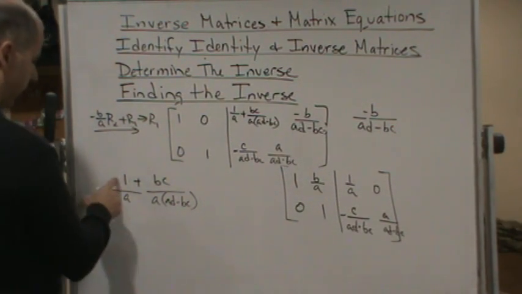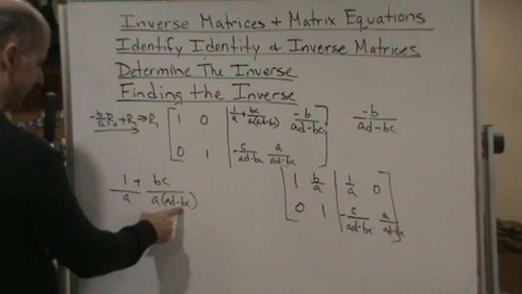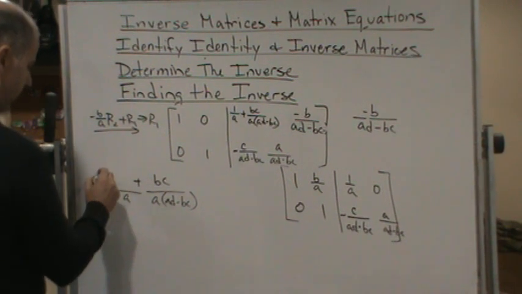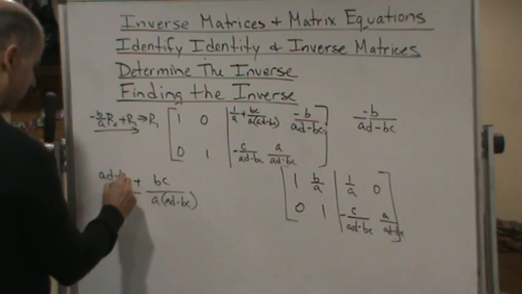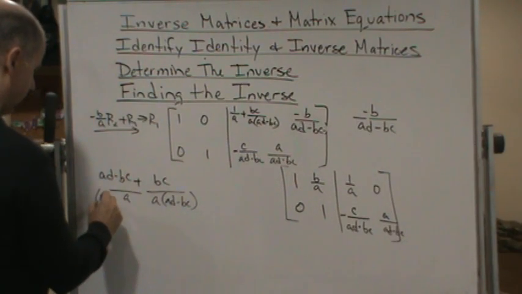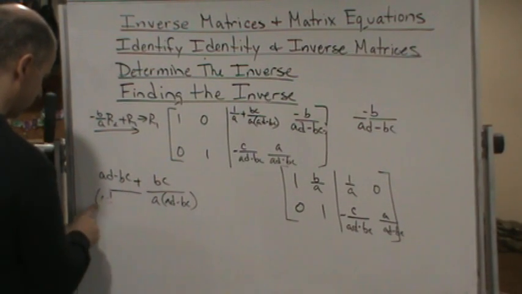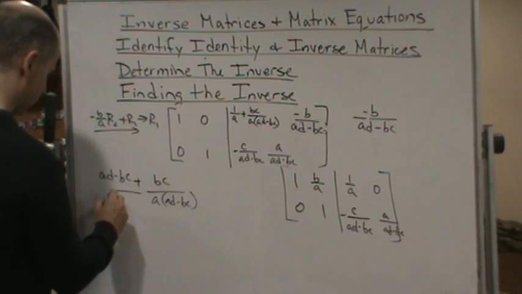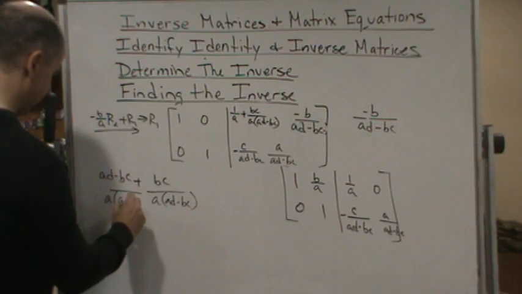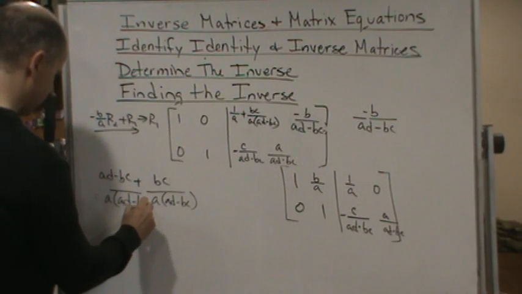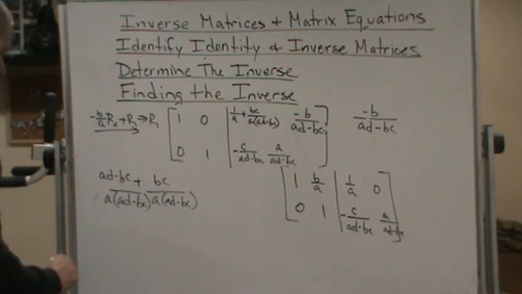So to get a common denominator, I'm going to multiply the top and the bottom by AD minus BC. So this will become A times AD minus BC, right?